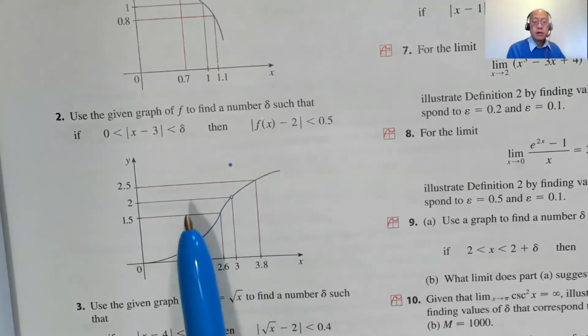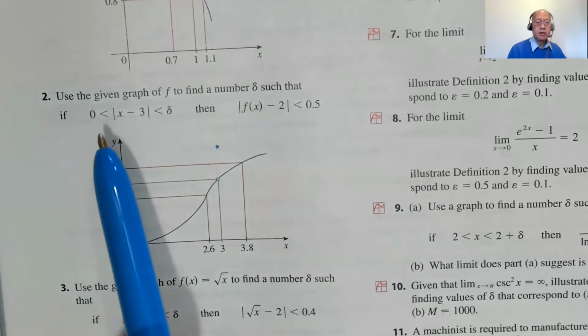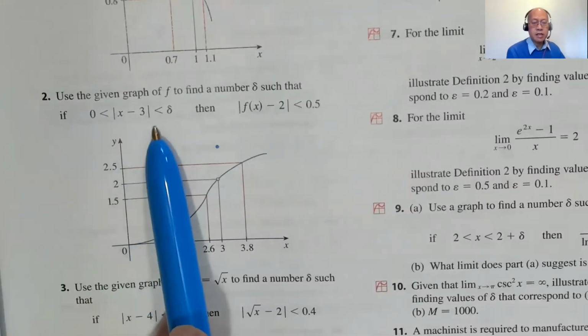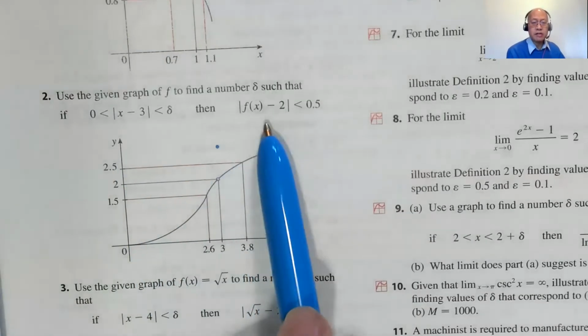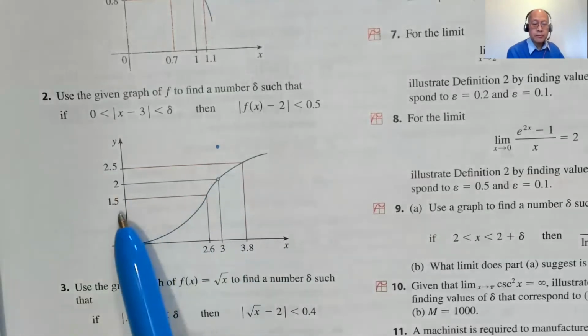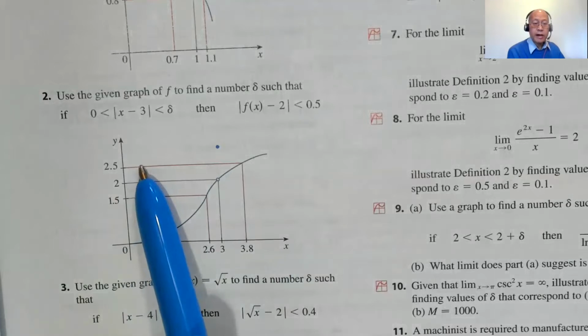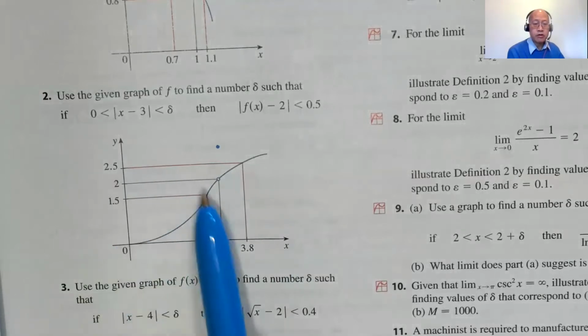So let's take a look at number 2. So use a given graph of f to find a number delta such that if 0 is less than absolute value of x minus 3 is less than delta, then absolute value of f of x minus 2 is less than 0.5. So the limit is supposed to be 2. I go 0.5 in the y direction, up and down, 1.5, 2.5.